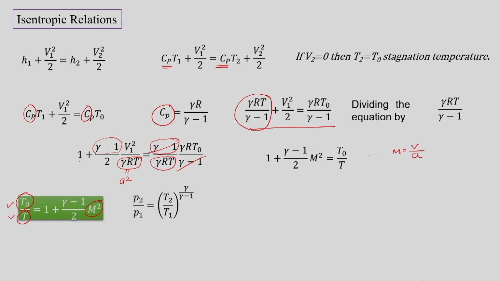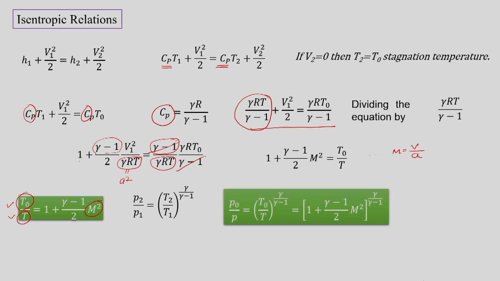Further, here let us use the isentropic relation, which says that P2 by P1 is equal to T2 by T1 bracket raised to gamma upon gamma minus 1. As we have said, in case of stagnation conditions, we feel that the flow is brought to rest isentropically. So, we can use this relation to correlate the temperature ratio and pressure ratio between the static and stagnation quantities.